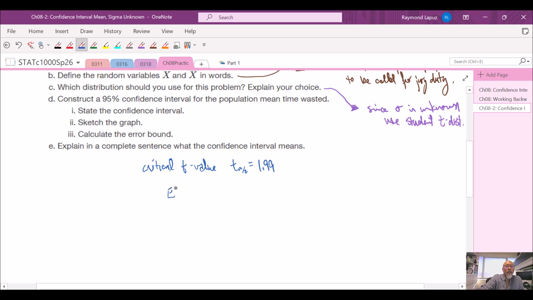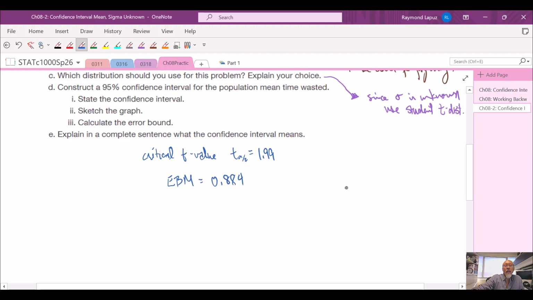The error bound for the mean is given by 0.884, and then our confidence interval, our CI, is going to be 7.116 to 8.884.